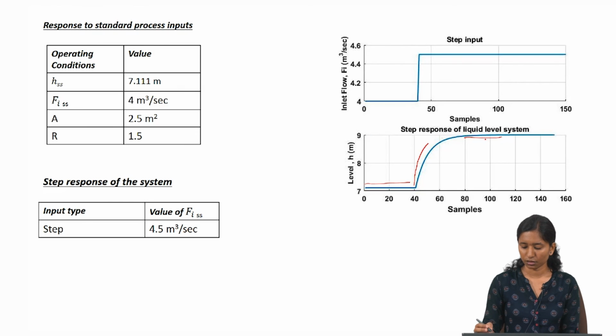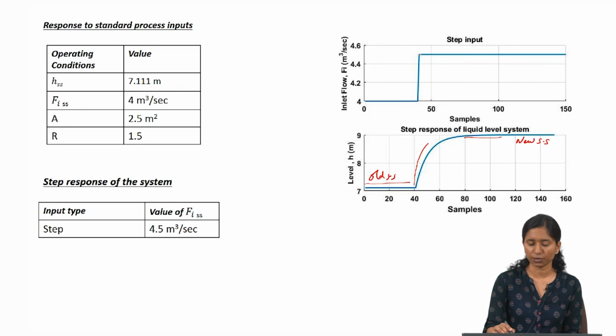So, this is the new steady state value, this is the old steady state value before a change was applied. We can see that the change in the inflow rate, when it was a step change, was quite instantaneous. The change in the liquid level was not instantaneous. It took a little bit of time to reach a new steady state value.